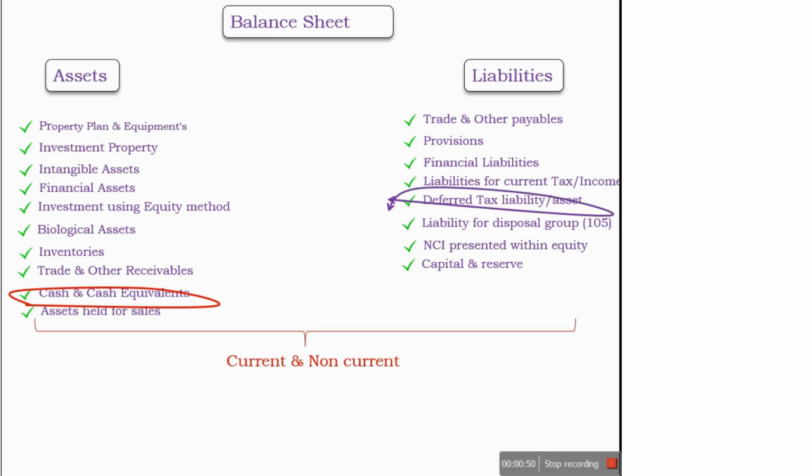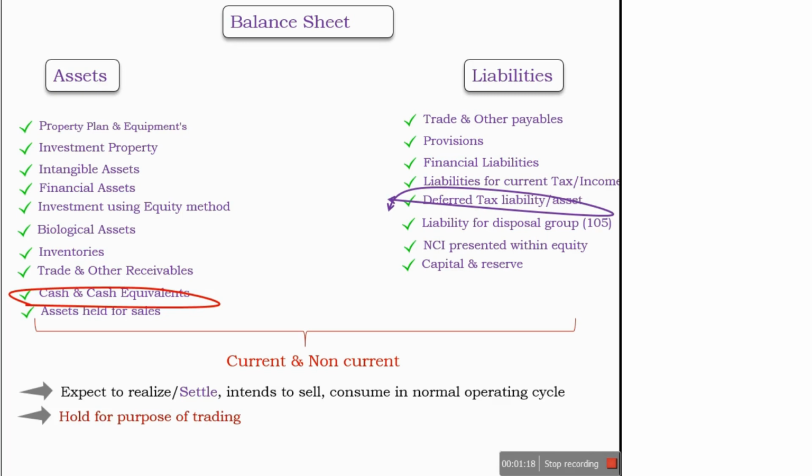Apart from it, all these classifications need to be further classified into current and non-current categories, apart from the deferred tax assets and liabilities. So we will briefly discuss the current and non-current concept. If an entity expects to realize the asset or settle the liability, or intends to sell or consume it in its normal operating cycle, it will be classified as current.